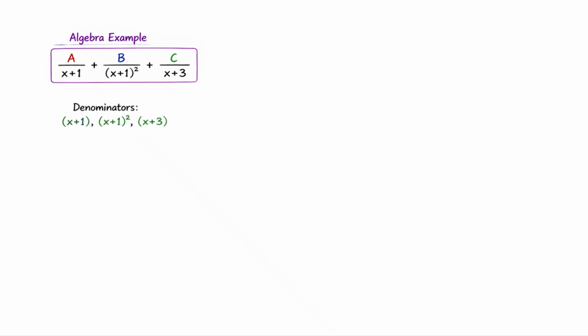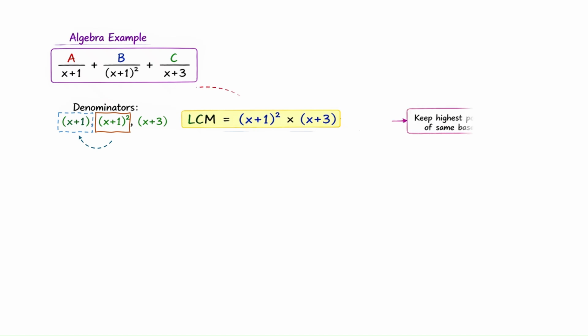Suppose we have a divided by x plus 1 plus b divided by x plus 1 whole square plus c divided by x plus 3. Now look at the denominators: x plus 1, x plus 1 whole square, and x plus 3. Since x plus 1 whole square already contains x plus 1, we keep only the highest power. So the LCM becomes x plus 1 whole square into x plus 3.